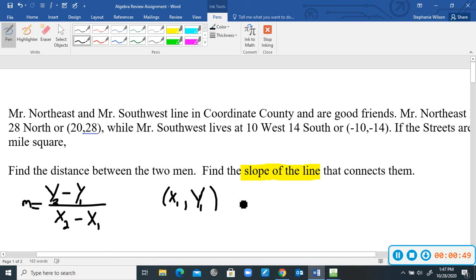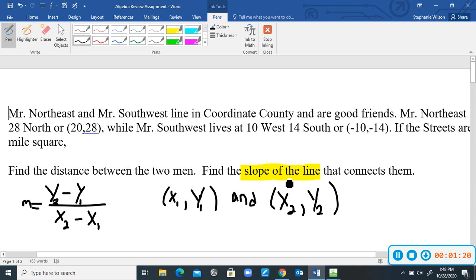And then I'm going to have another ordered pair, and I'm going to call it my x2, y2. And these are subscripts. They're not squares or anything. They're actually at the bottom of the x and y value to let you know that it's group 1 versus group 2.